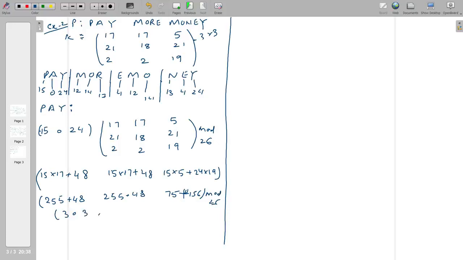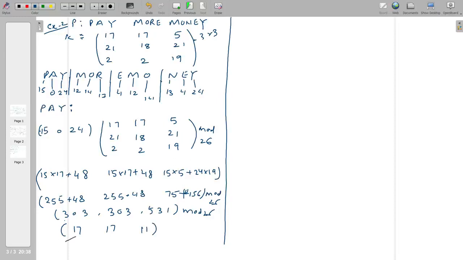So both of these are going to be 303, and this is 531, and it is mod 26. When we divide 303 by 26, the remainder is 17. When we divide 531 by 26, the remainder will be 11.